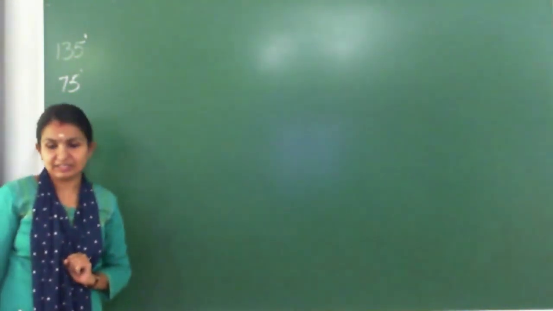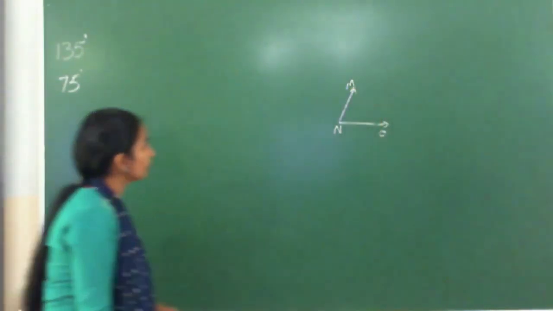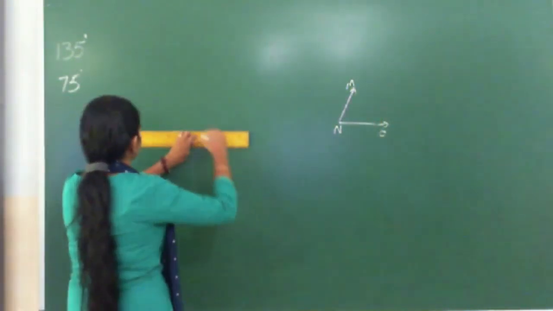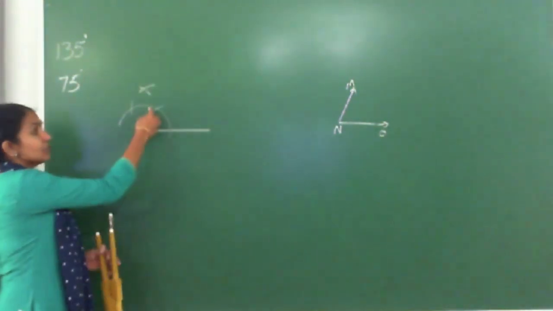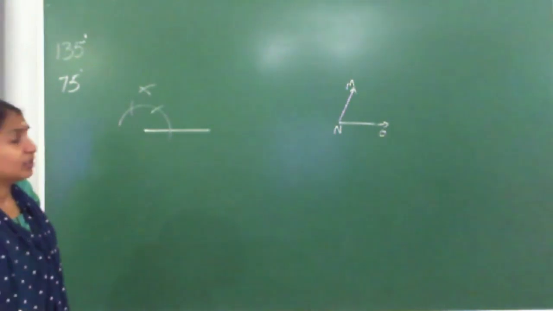So let's construct. So 60, 120, 90 bisector. Now join with the dotted lines.